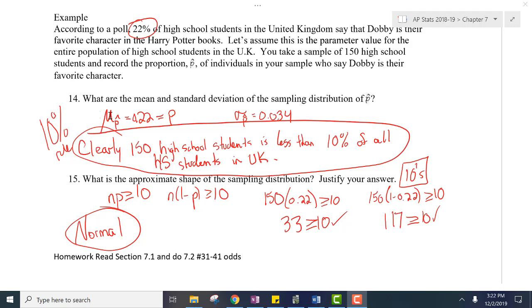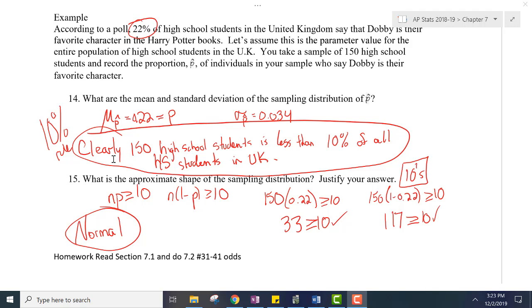First, we need to know that the 10% rule holds, that our sample is less than 10% of all high school students. I think it's pretty safe to say, clearly, 150 high school students is less than 10% of all high school students in the UK. We can assume that, that's big enough.